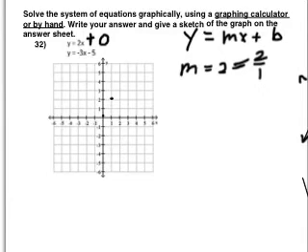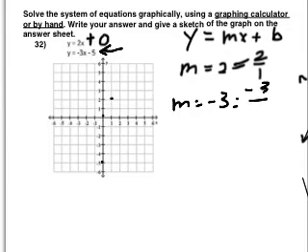And then the other one, it's a -5 for this one. The -5 is the intercept, so it's right here. And for that one, the slope is -3. M equals -3, so that equals -3 over 1. So we'll go down 3, but we don't have room to go down 3.